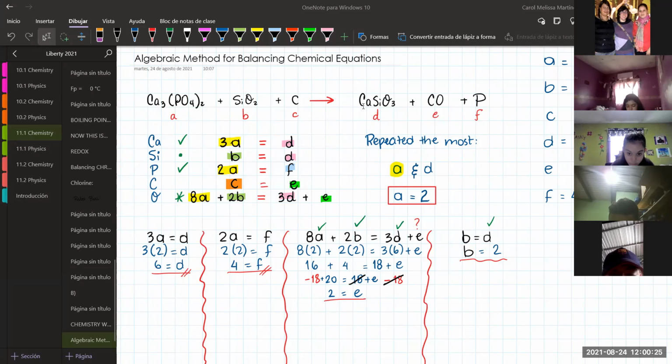So E is equal to 2. Now in the very last step, I will use the remaining equation. This one I used it already. Now this one. C equals E. You already know the value of E. So you say that C is equal to 2.